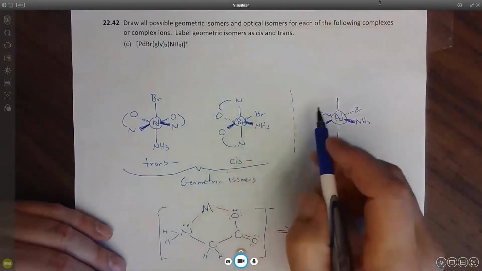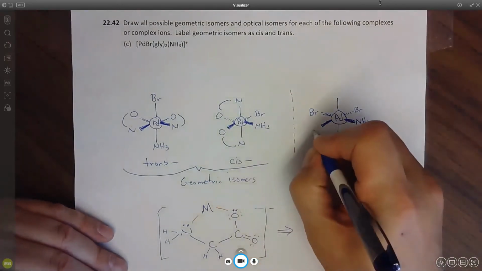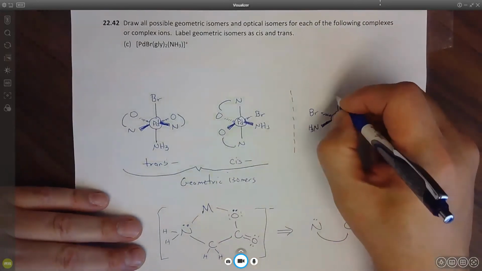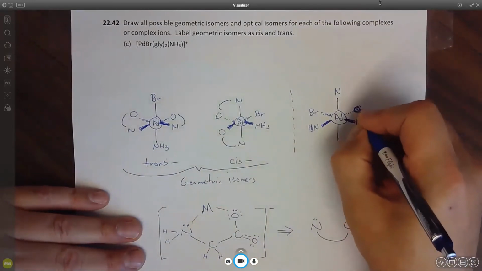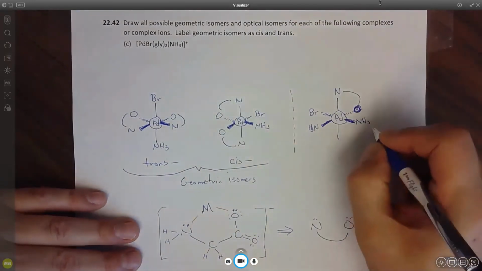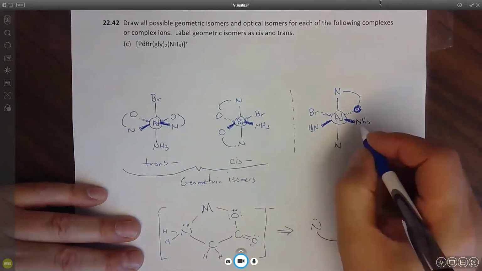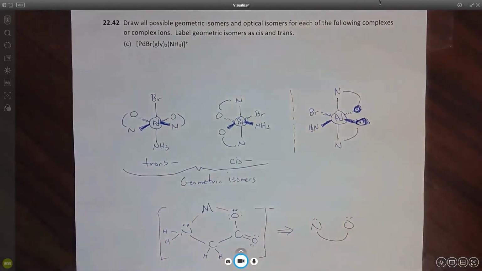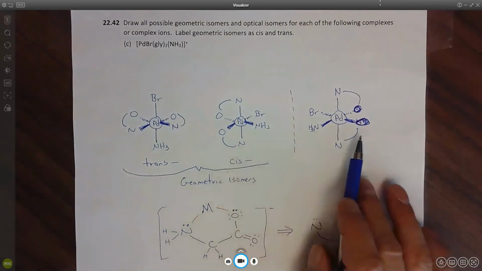So this would be the bromide here. This would be the ammonia, if this is a mirror image. And then our nitrogen would be on top, and going in a mirror image, this would actually be the oxygen. And then this one here would be the nitrogen, and again, going back here would be the oxygen. So there are our optical isomers.